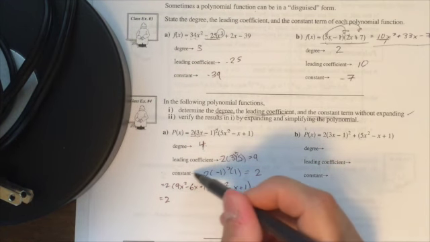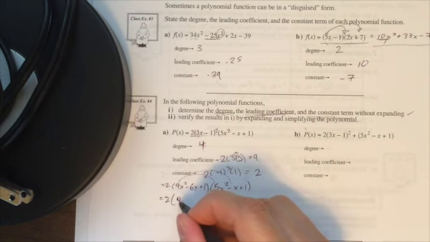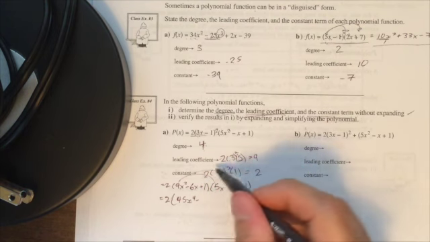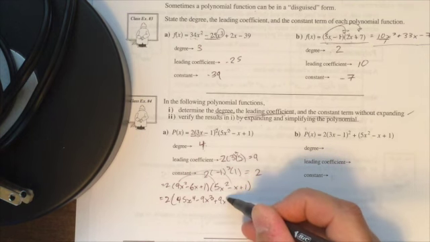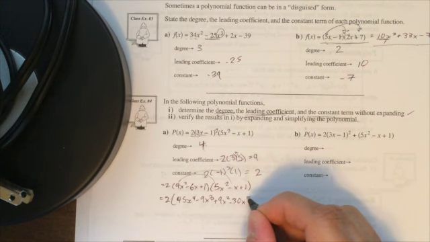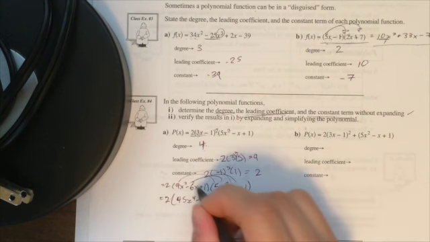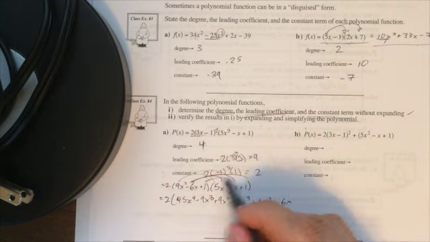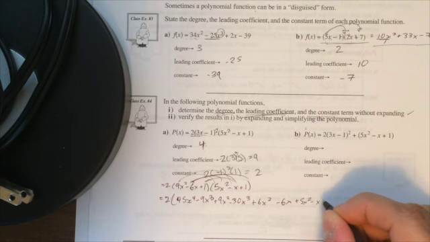Instead, I want to apply my distributive properties all the way across. So I'm going to end up with 45x to the power 4 minus 9x cubed plus 9x squared, minus 30x cubed, plus 6x squared minus 6x, and plus 5x squared minus x plus 1.